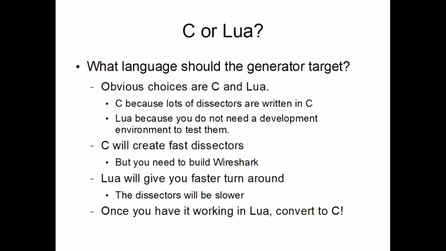Although I notice these days, it takes maybe 10 or 15 minutes to build Wireshark completely on my laptop the first time. I typically run some Linux distro in a VM, and it's taking 10 to 15 minutes to build the first time.